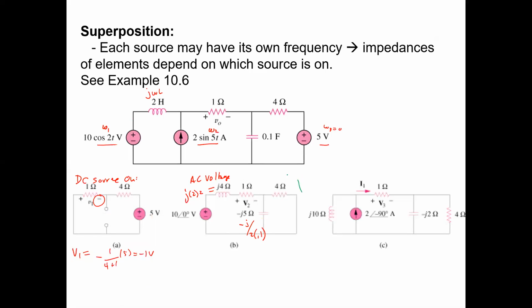The trick we're going to use is we're going to combine these and find the equivalent impedance. This is going to be 4 times minus J5 over 4 minus J5. That's the equivalent impedance of that parallel combination of a resistor and a capacitor.